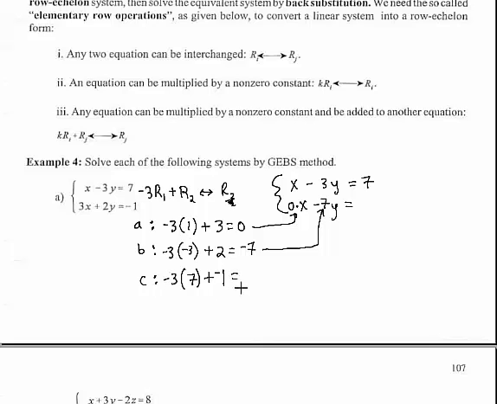Actually carrying out this calculation gives me -21, and then -1, a -22. And so this number replaces my c in row 2. Okay, so this is our new system, which is just a different version of the one that we started with.